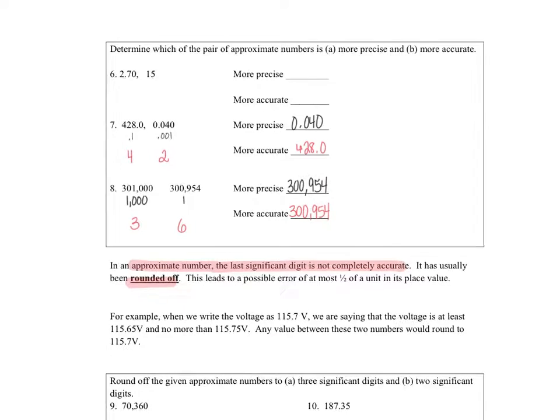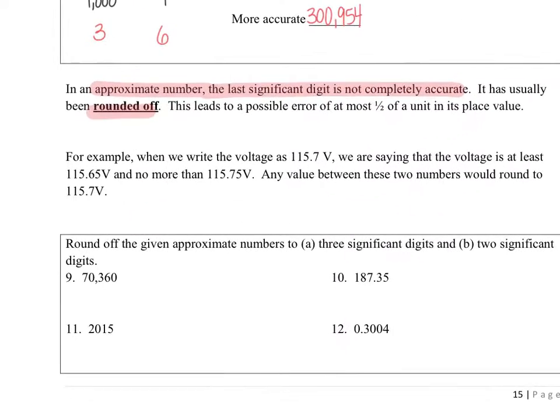So for example, now this is a little different and a little confusing because it's different from how we would normally write it. But it says, for example, if we write the voltage as 115.7 volts, we're saying that the voltage is at least 115.65 to 115.75.